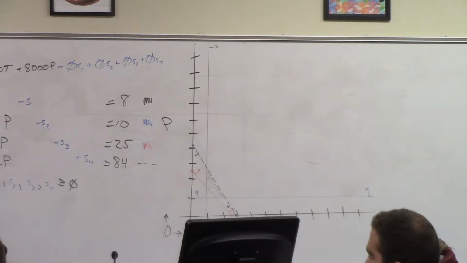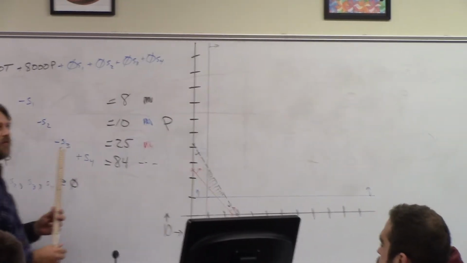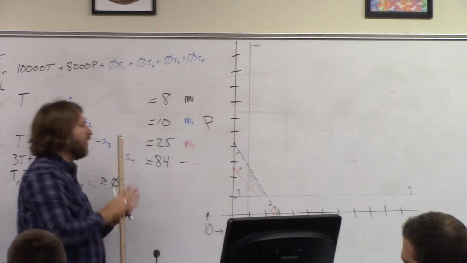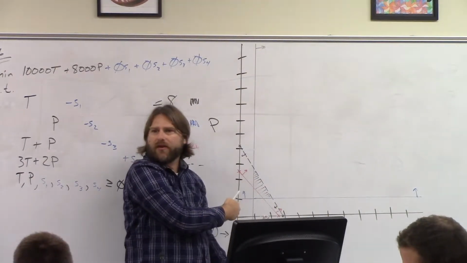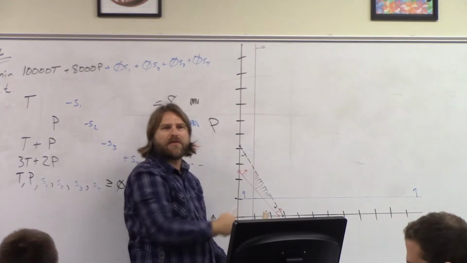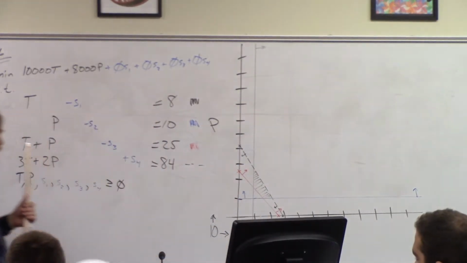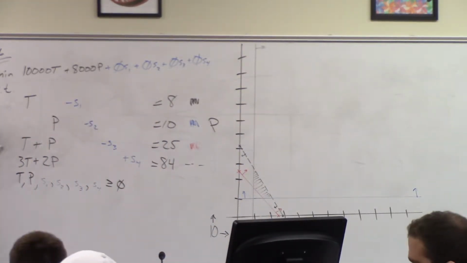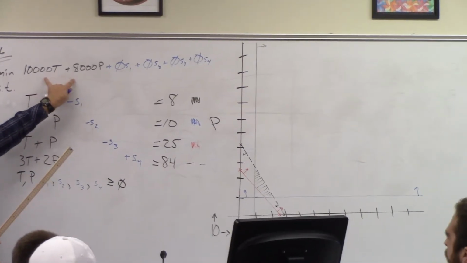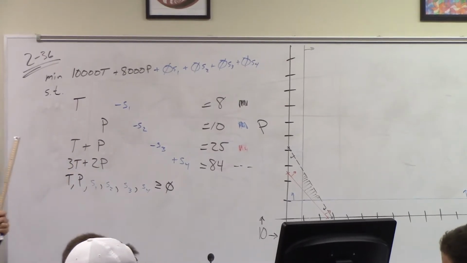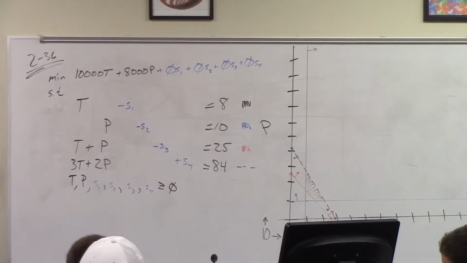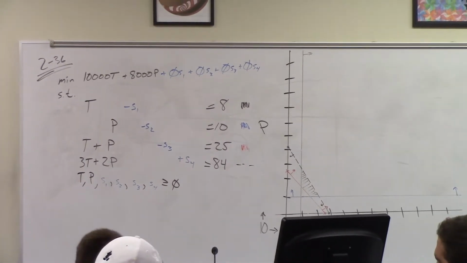And if we're minimizing now, in general, we're going to be going not away from the origin, but typically towards the origin, right? Because those are going to be smaller and smaller ones. So let's, again, take our objective function and assign it some arbitrary value.